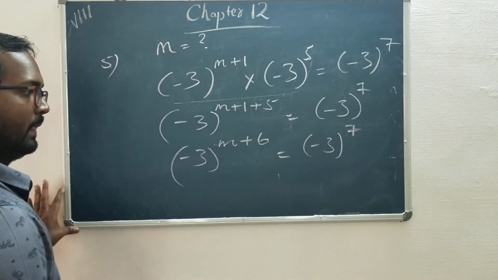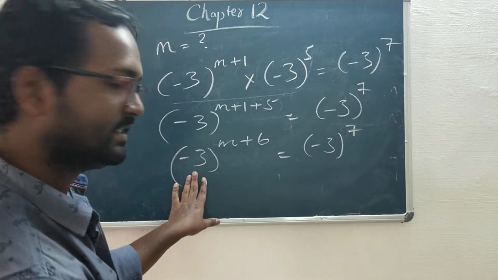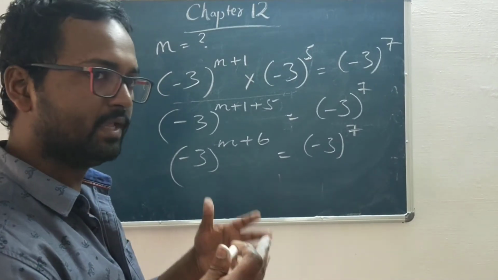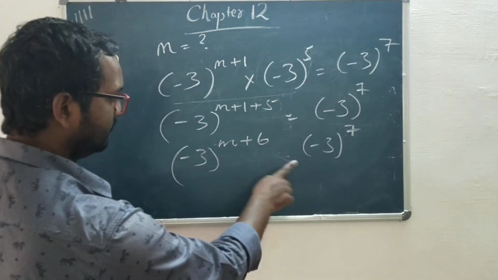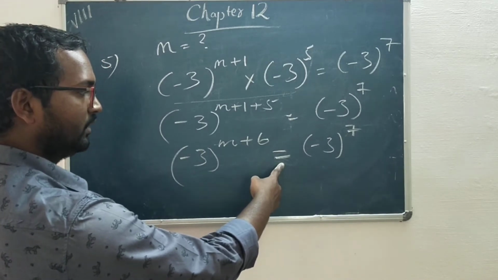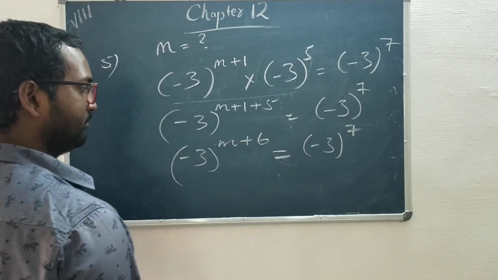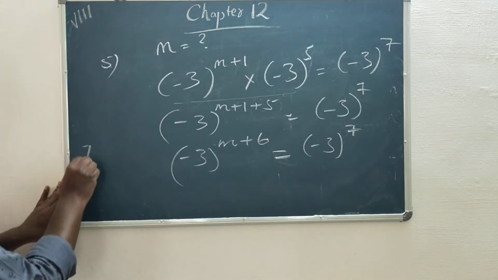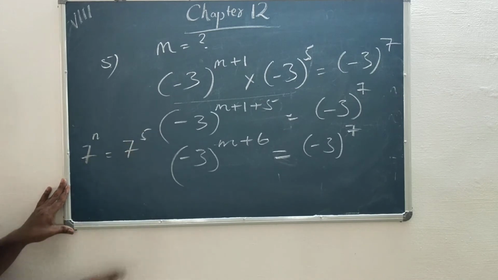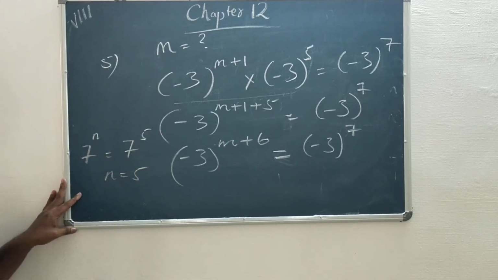See here, the base is minus 3 on both sides. If there are two equal bases and the sign is equal to, you have to understand that the powers will be the same. So if I wrote 7 power n is equal to 7 power 5, it means n is equal to 5.